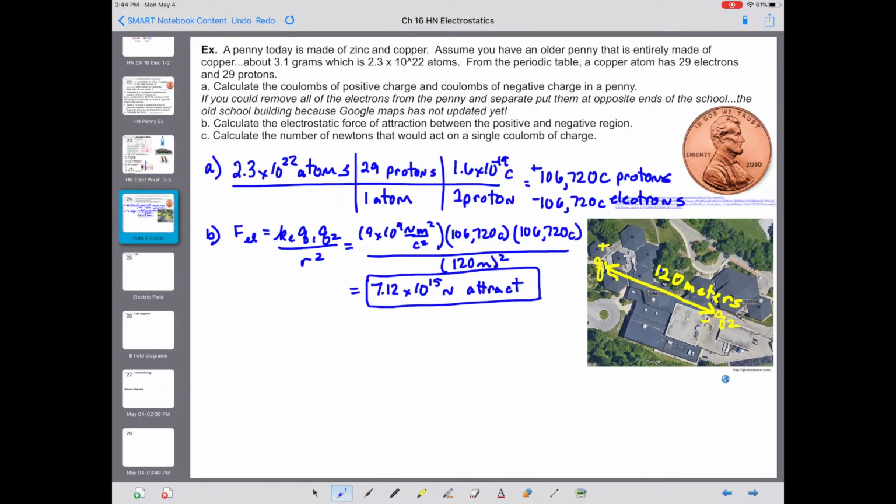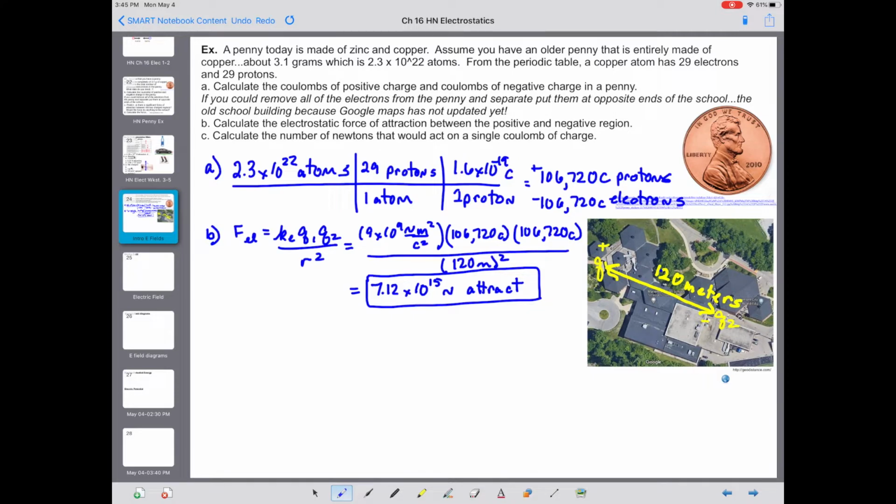Now let's think about that value for a minute. 7.12 times 10 to the 15th. Well, 10 to the 6th is a million, 10 to the 9th is a billion, 10 to the 12th is a trillion. 10 to the 15th would be a quadrillion. So we have 7.12 quadrillion newtons of force attracting those two charges to each other.